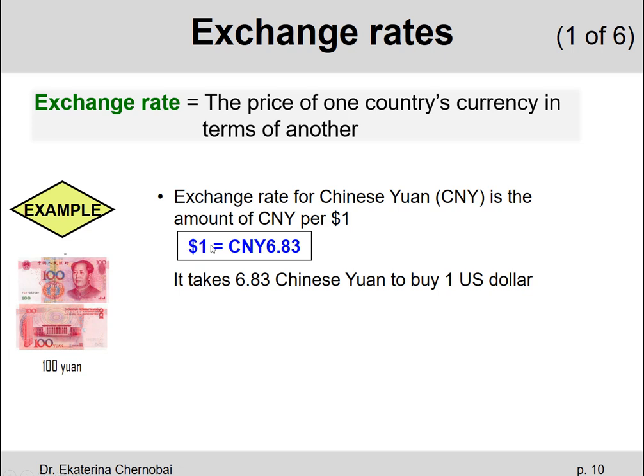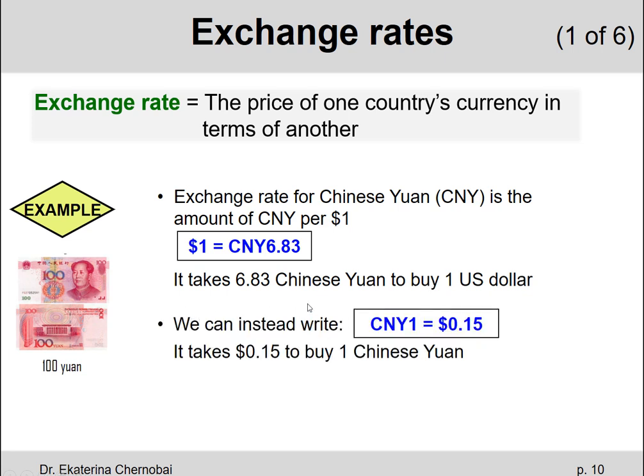So for example, if American tourists travel to China, they bring dollars to the local banks, and the local banks, for every dollar, will give them 6.83 Chinese yuan. And also the other way around, let's say Chinese people come to visit the United States, they would be paying 6.83 Chinese yuan to buy each US dollar. So it goes both directions.